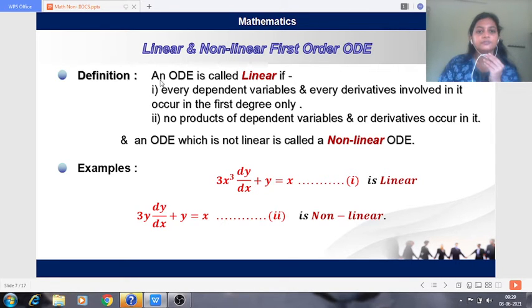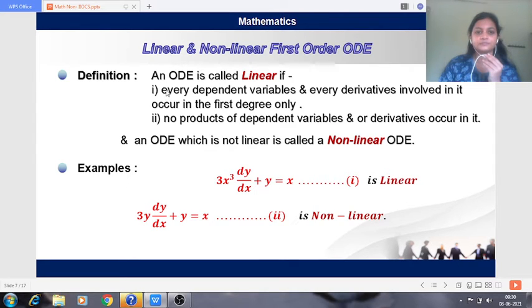Now the definition of ordinary differential equation is called linear. What is linear differential equation? Linear differential equation always contains dependent variables and its derivatives in first degree only, and there is no products of dependent variable and its derivatives.